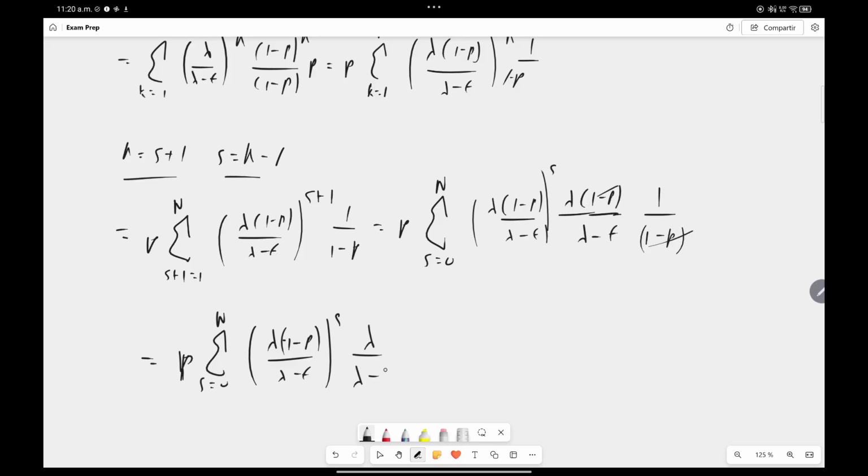Because these are constant with respect to the summation s, we can pull out p, lambda minus t, and lambda, and then the sum of lambda (1 minus p) over (lambda minus t) to the power of s.